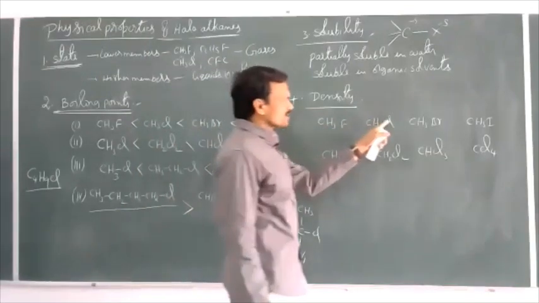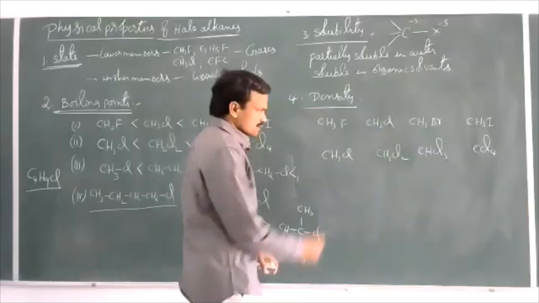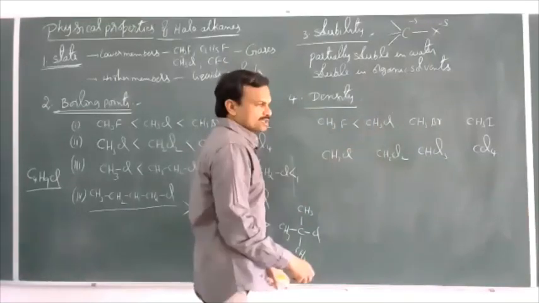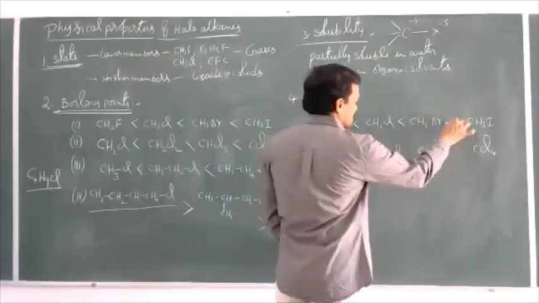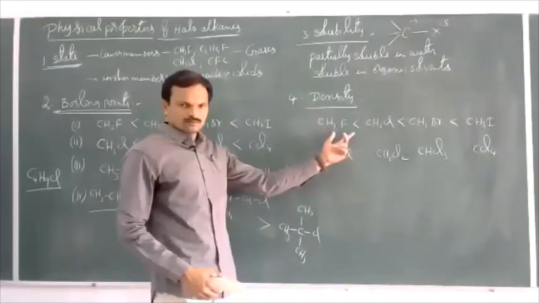As the size of the halogen atom increases, the density increases. The order of density is CH3F less than CH3Cl less than CH3Br less than CH3I. So this is the order of density.